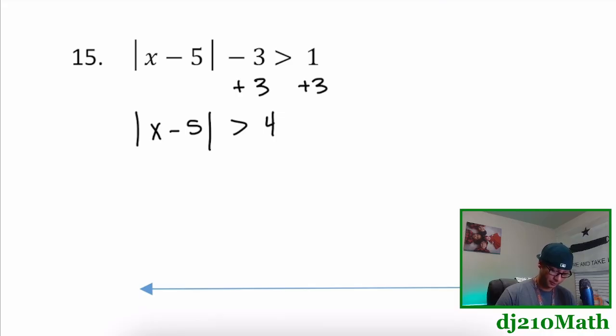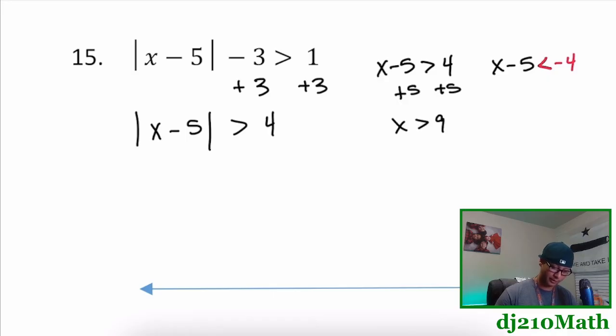So this is going to be x minus 5 is greater than 4. x minus 5 less than, right, because we have to flip it, less than -4. So if I add 5 to both sides, we get x is greater than 9. Add 5 to both sides. x is less than negative 4 plus 5, which is 1.